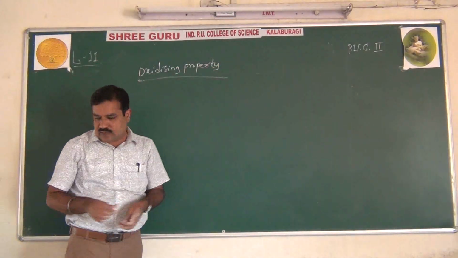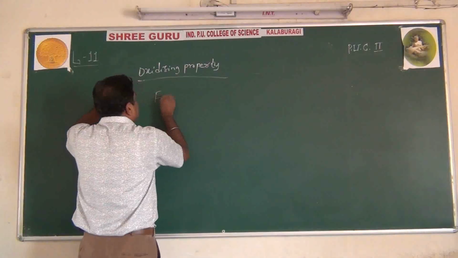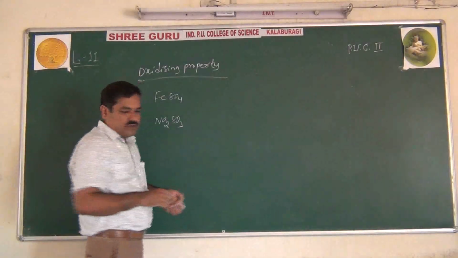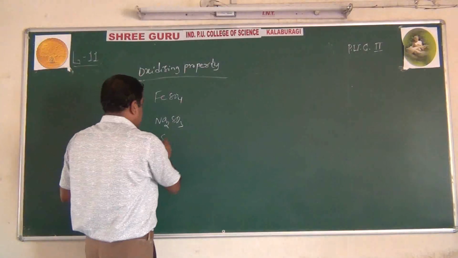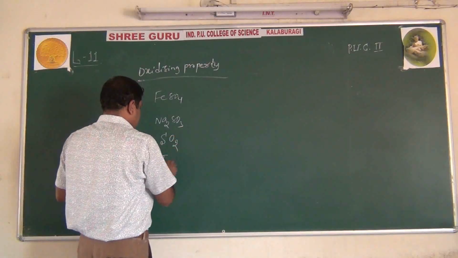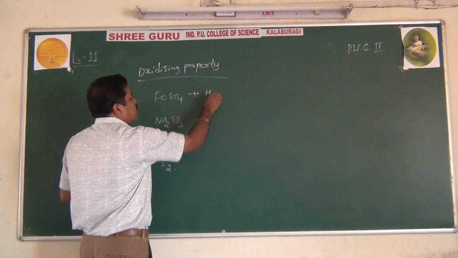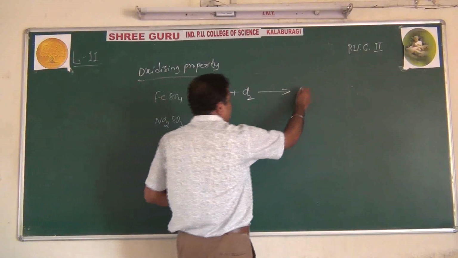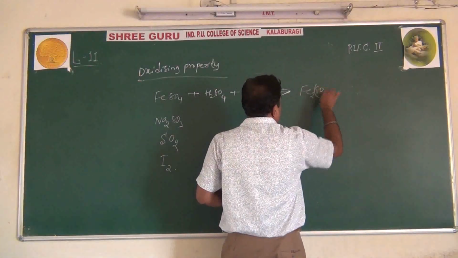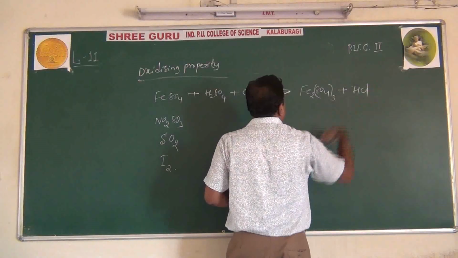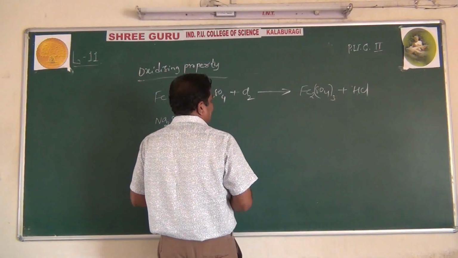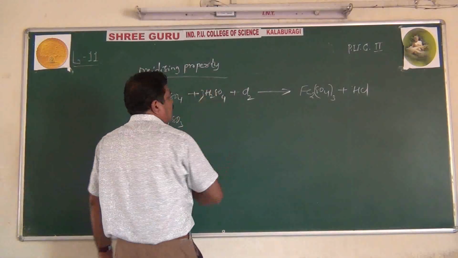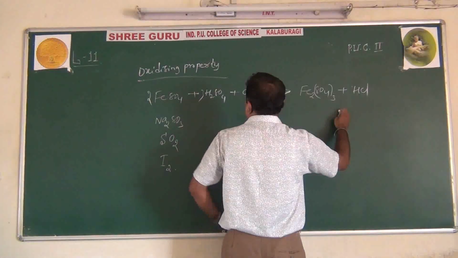See, it oxidizes ferrous sulfate, sodium sulfide, and also sulfur dioxide. Ferrous sulfate in the presence of acidic medium gets oxidized to ferric sulfate, Fe2(SO4)3, and chlorine itself is reduced to HCl. Generally 2FeSO4 plus H2SO4 and Cl2 gives Fe2(SO4)3 and 2HCl.